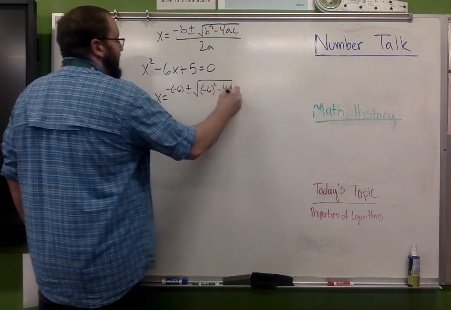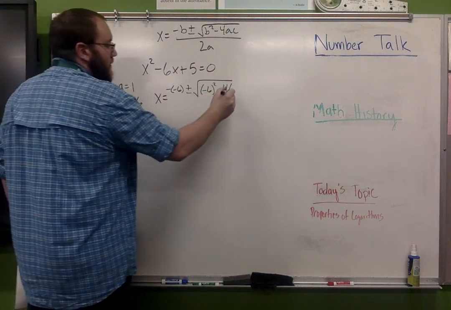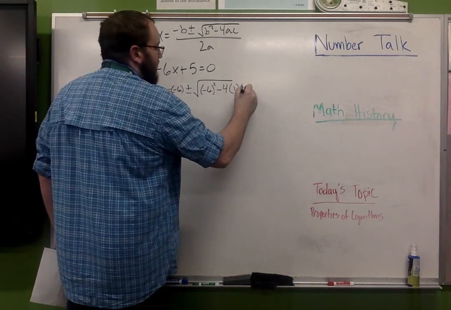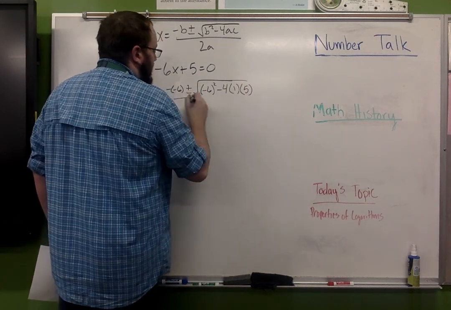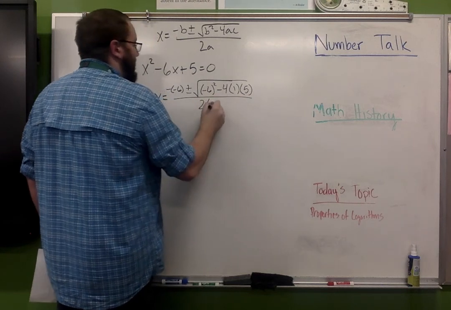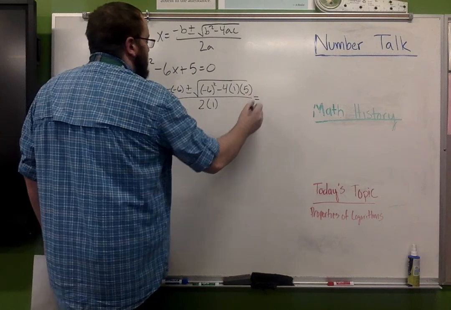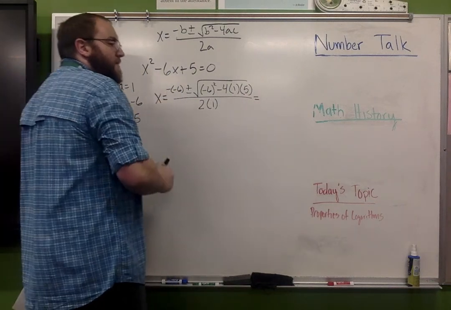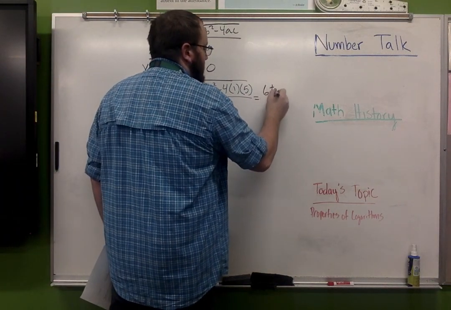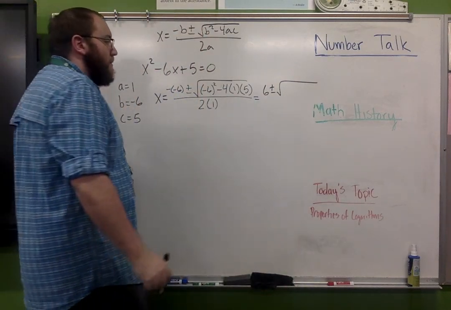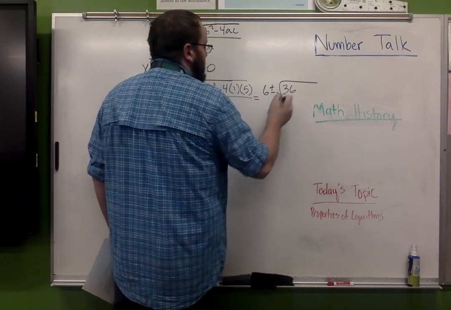Minus 4 times a, which is 1, times c, which is 5, all over 2 times a, which is 1. Let's do some simplifying. So a negative 6 is a positive 6. Negative 6 squared is 36.